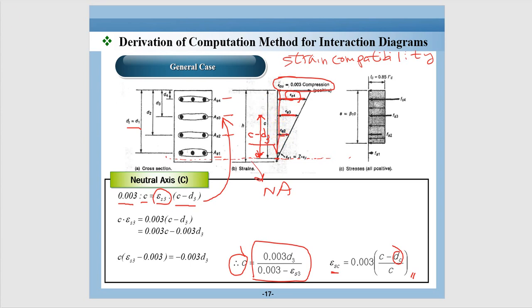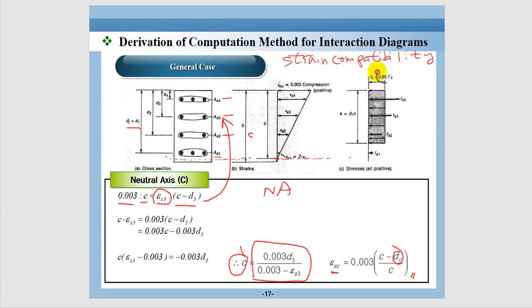And once we know this, we can calculate the force contributed by the structural components, the concrete block and each rebar layer. What is the compressive force contributed by the compression block of the concrete?